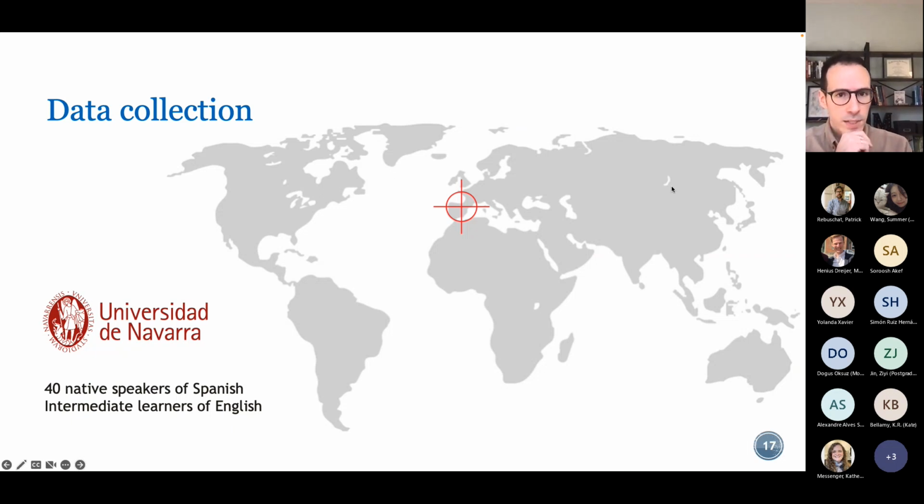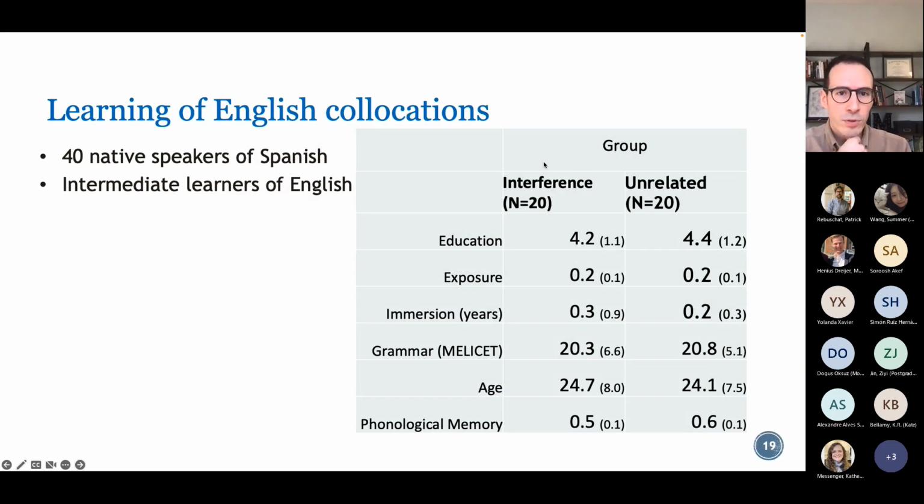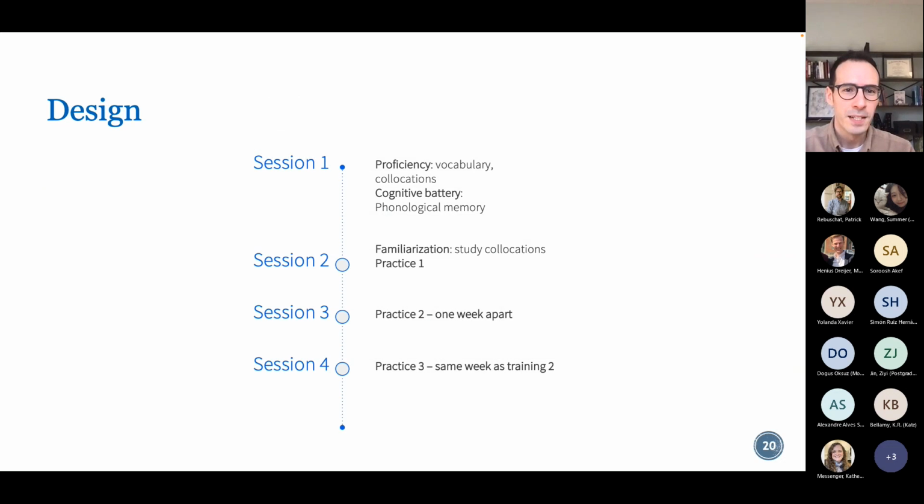So to test this idea, we tested 40 native speakers of Spanish who were intermediate learners of English in Spain. And learners were assigned to two groups that I'll be describing in a moment. One was what I'll call the interference group, and the other one was the unrelated group. They were matched across a number of proficiency and cognitive measures that I won't go into too much detail here, but I'm happy to go into the nitty-gritty details later if anyone has any questions about those.